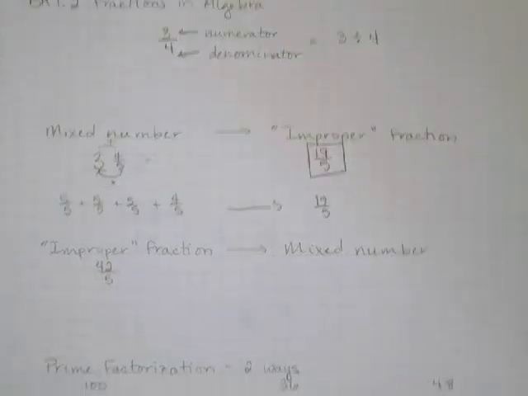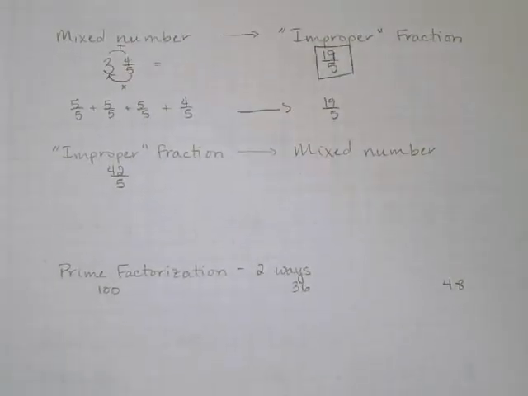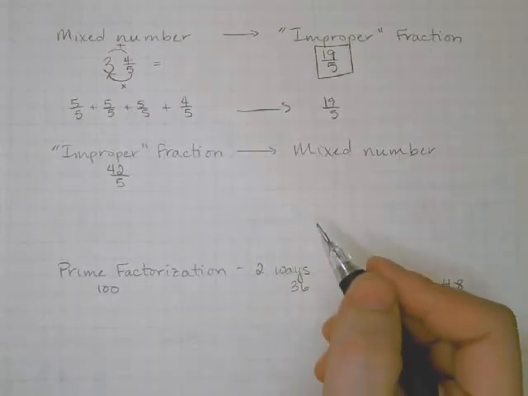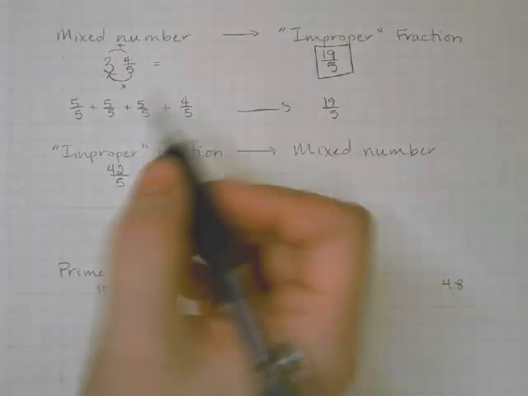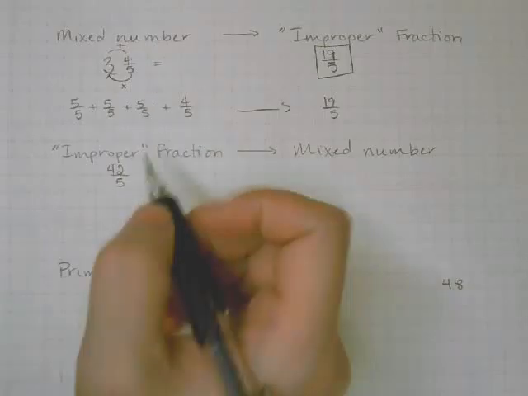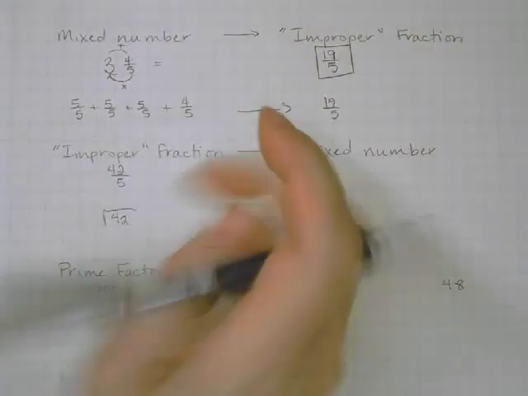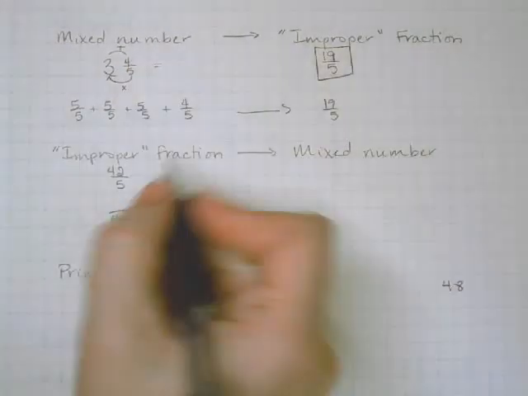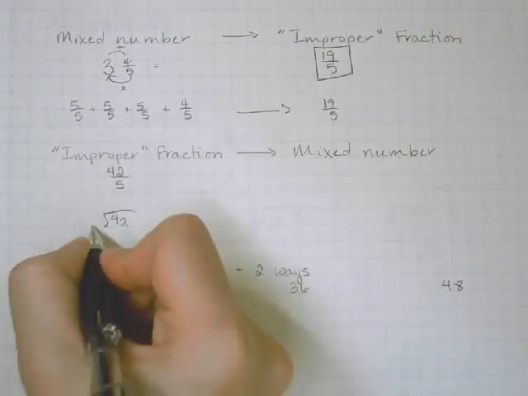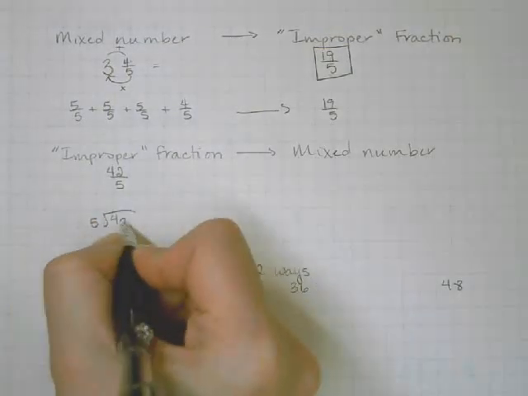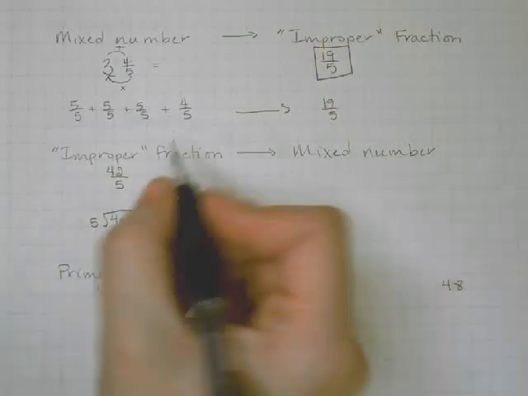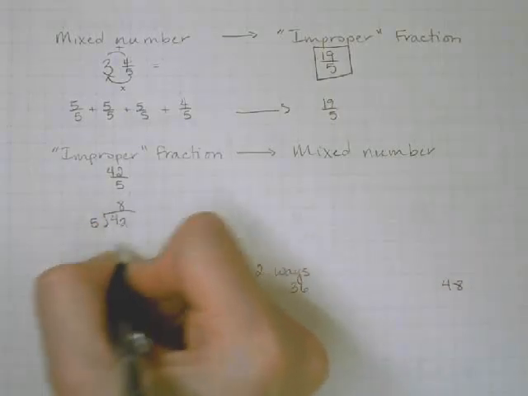Just to do my due diligence, improper fraction to a mixed number, you divide the top by, not square root sign, sorry, divided by 5. 5 goes into 42 8 times with some remainder, so 8 times 5 is 40, minus those, and you're left with 2, and that is your remainder.